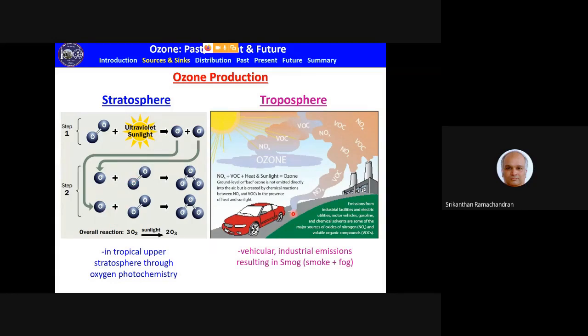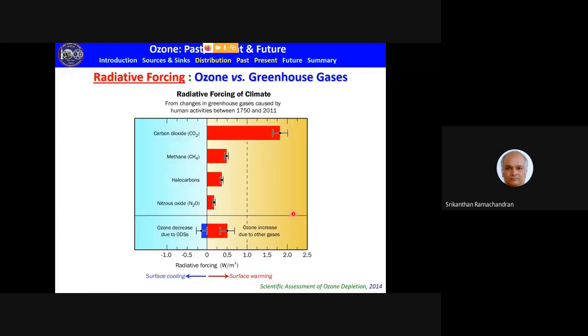So the take-home message is that ozone near is harmful, is bad, and the ozone above or farther is actually good. We also measure the climatic impact of either decrease or increase of a particular species in the atmosphere through radiative forcing.